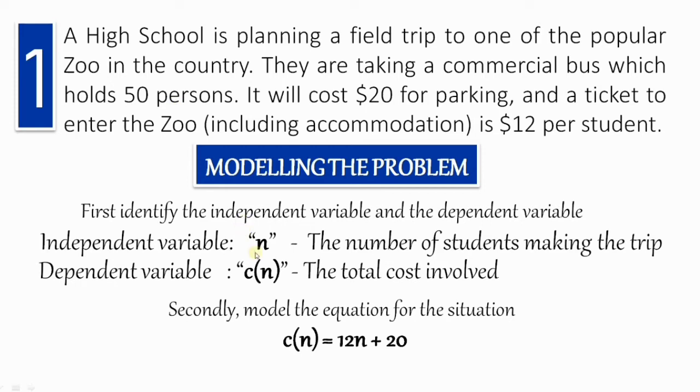So the number of students n will be between 0 and 50, because there is a possibility that no student made the trip, and there is a possibility that all 50 of them made the trip. Those are the two extreme limits. So we say the domain is 0 less than or equal to n less than or equal to 50, and n is a whole number.